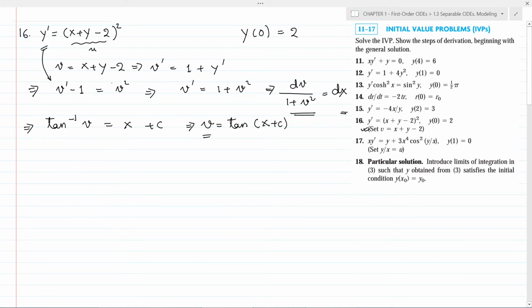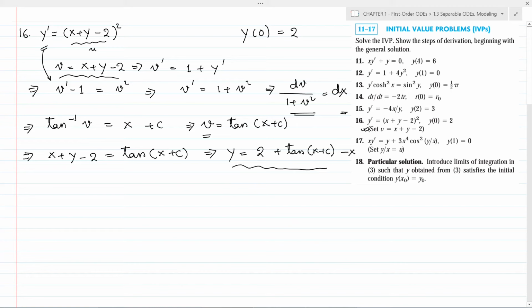Now we replace v by x + y − 2, that is the substitution we had done earlier, and we write x + y − 2 = tan(x + c), which implies y = 2 + tan(x + c) − x, and this is the general solution of the differential equation.